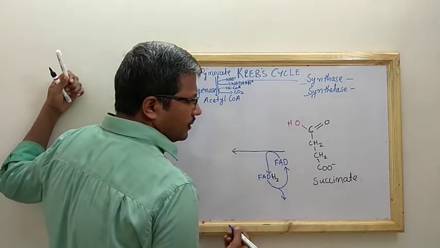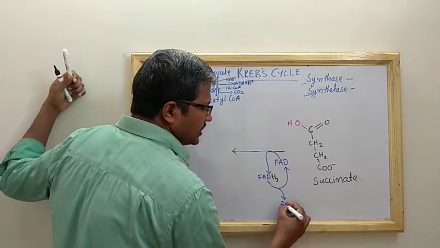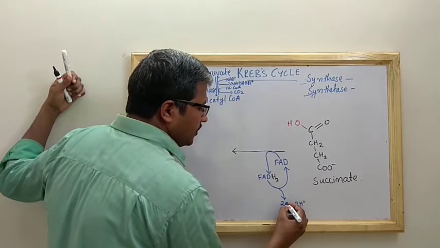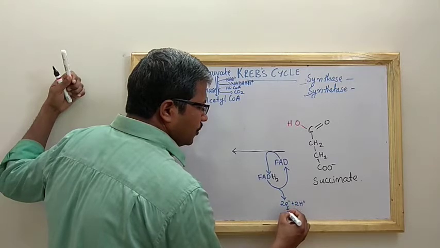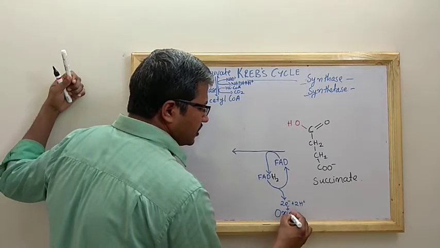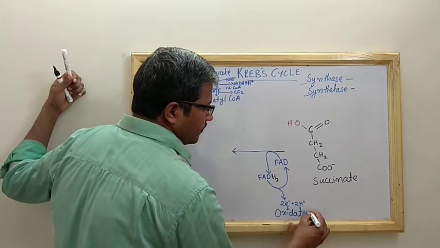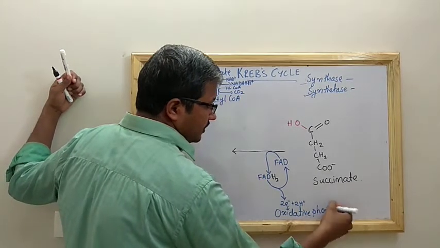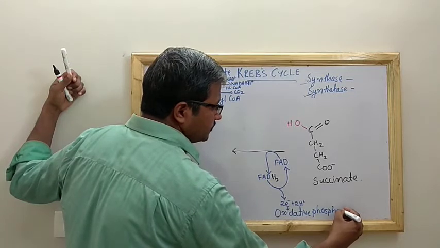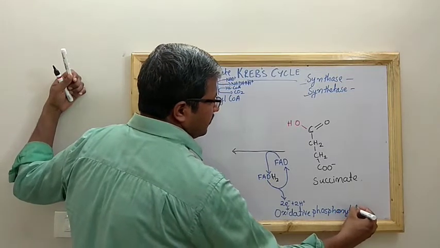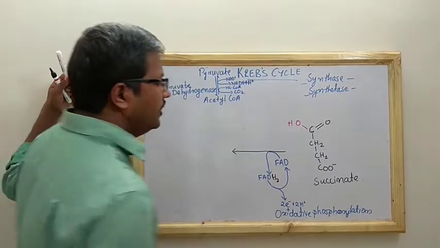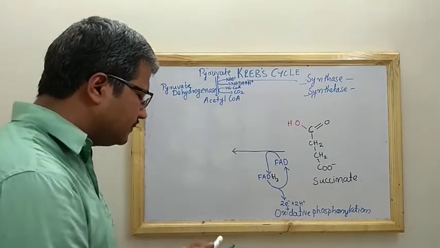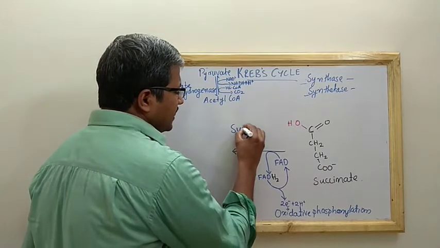The two electrons and two protons will be entering into oxidative phosphorylation. We will see here that in the oxidative phosphorylation part, the enzyme that catalyzes this reaction is known as succinate dehydrogenase.